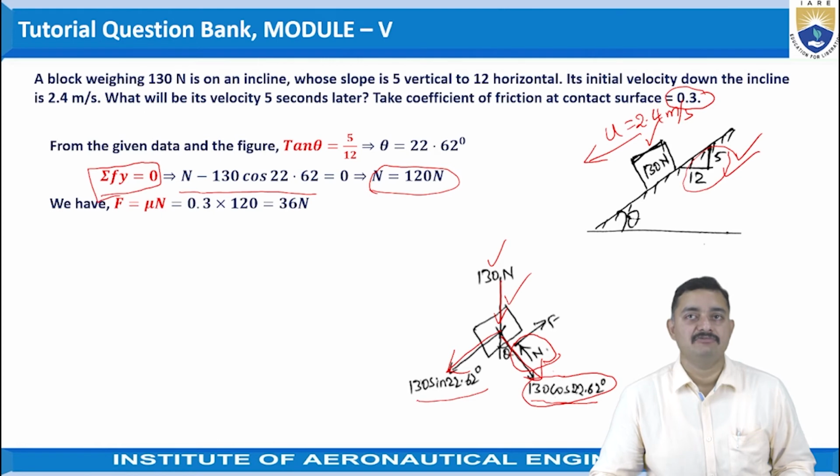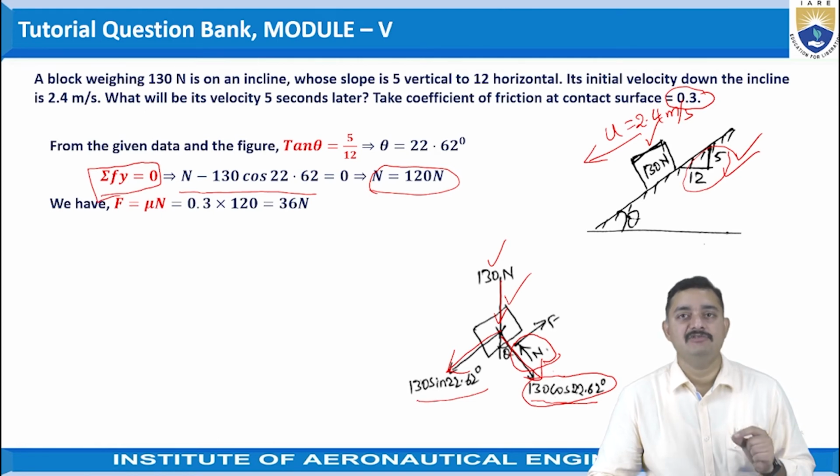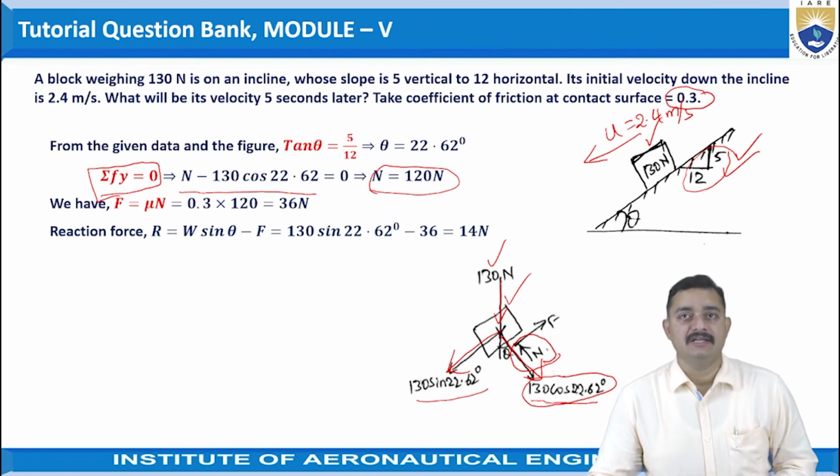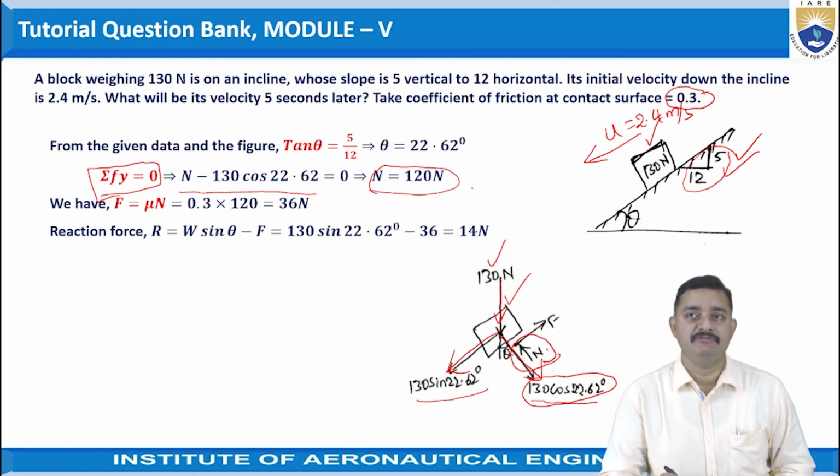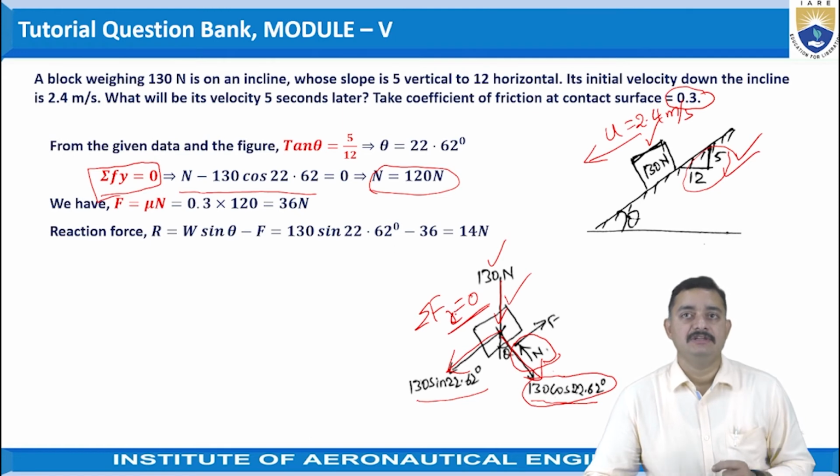Now we have F is equal to mu N, that will give the value of the frictional force F as 36 newtons. Then the reaction force R is equal to W sin theta minus F. If we consider the summation of all the forces in the along-the-plane direction, it will be W sin theta minus F, that is equal to 130 sin 22.62 degrees minus 36, which is equal to 14.